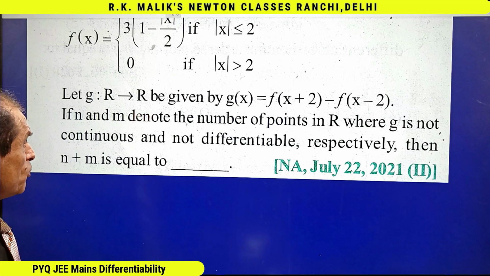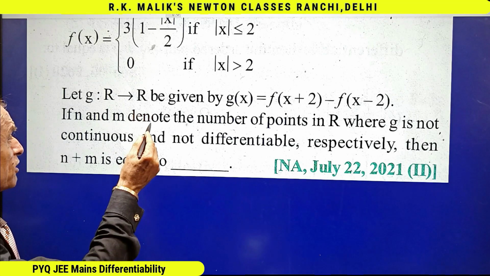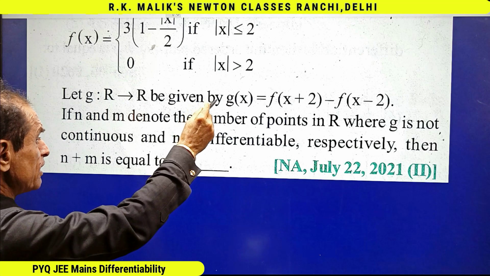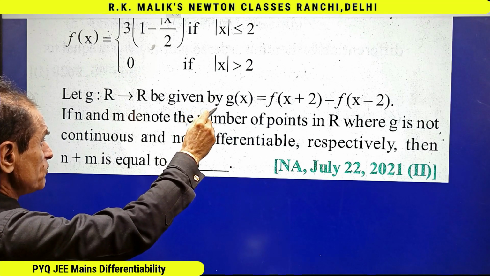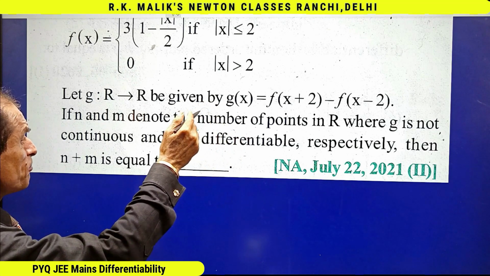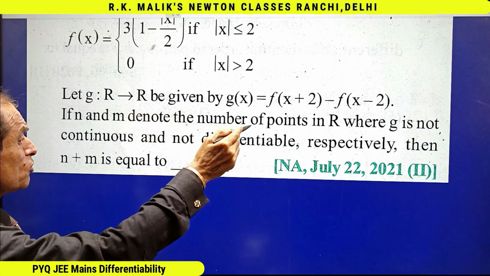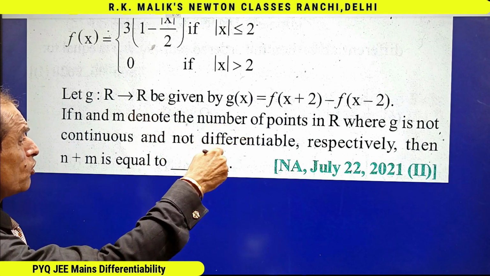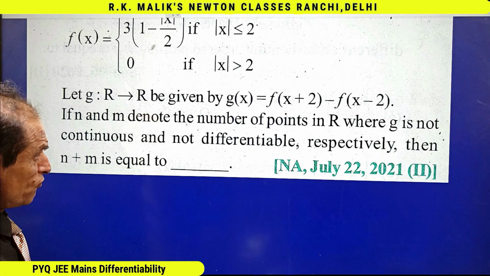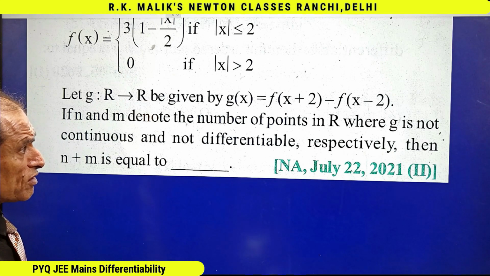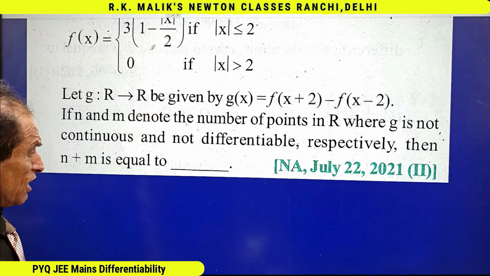Hence, to discuss the number of points of discontinuity and non-differentiability of g(x), we just find the number of such points only on the right hand side of the y-axis. Because the graph is an odd function, the same will be the number of points on the left hand side also.